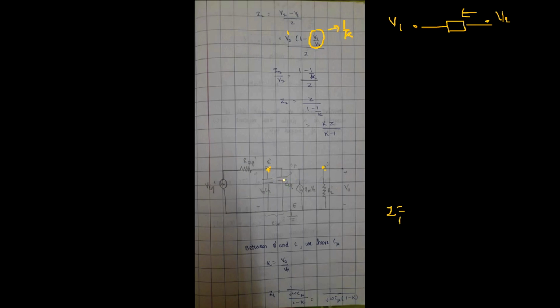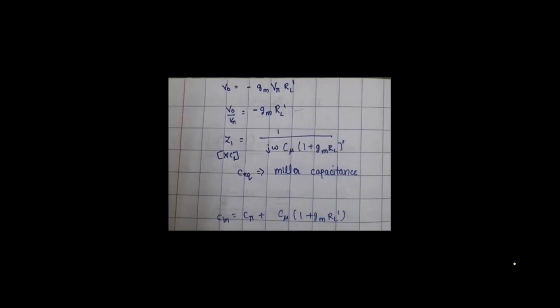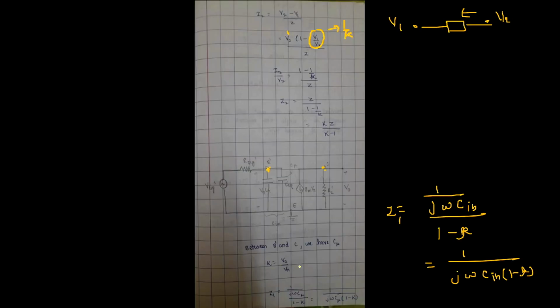The impedance of C equivalent will be denoted by 1 by j omega C into 1 minus K. And upon replacing K with VO by V pi, we get the same expression for equivalent capacitance that we got last time.